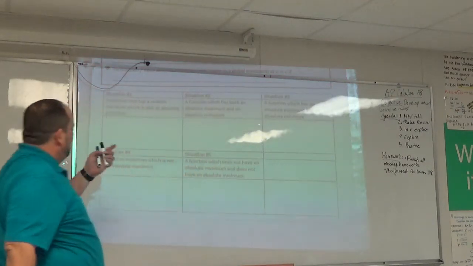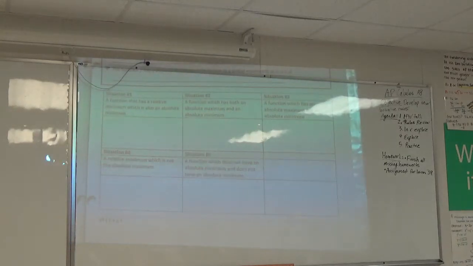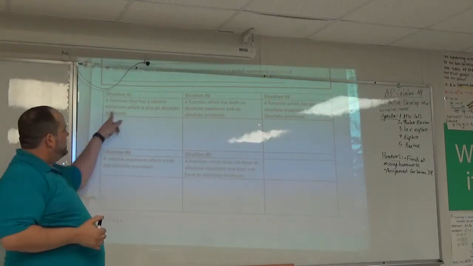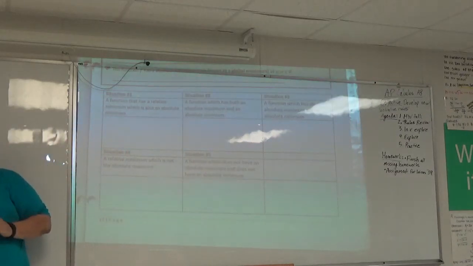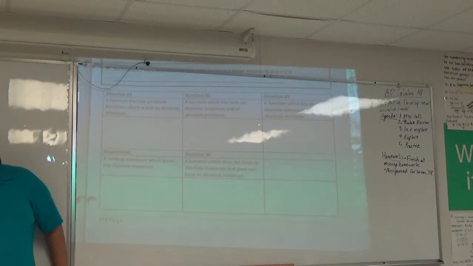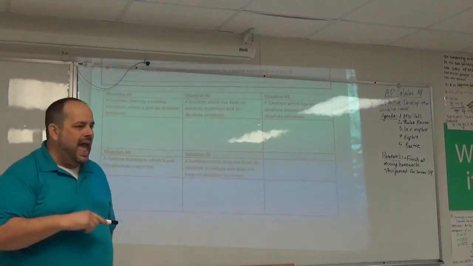So for example, I need a function that has a relative minimum, but that relative minimum is also the absolute minimum. Can anybody think of a function that you've seen that has a relative minimum that is also at the same time the absolute minimum?